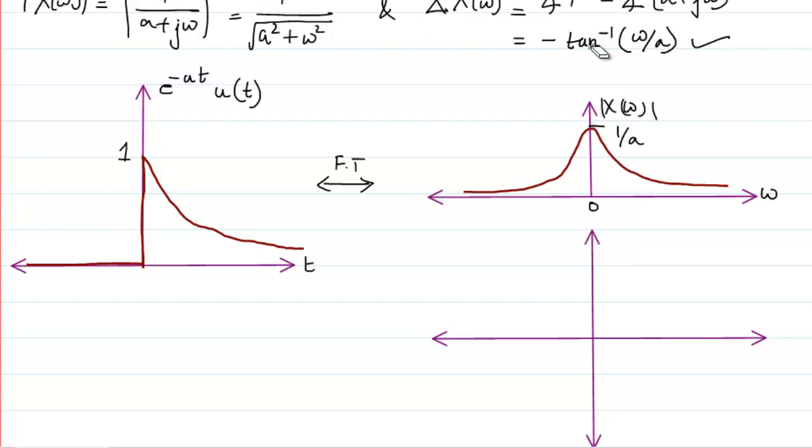So I will draw that as it goes from 0, it goes to a negative 90, which is minus pi by 2.